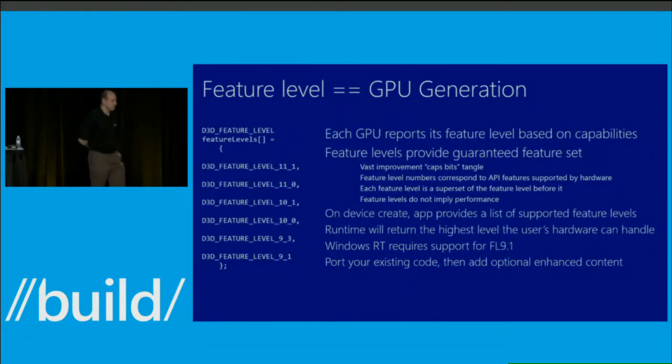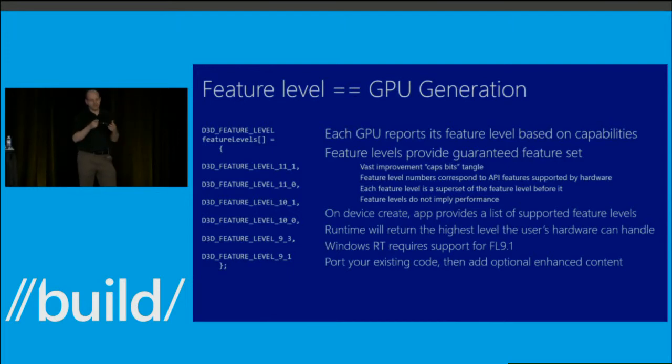So now I'm going to talk a little bit about the notion of feature level. I mentioned this earlier on and talked a little bit about it. But basically, the problem that we were trying to solve with this is this giant tangled mess of caps bits that you had to deal with in the past. And the way that we've solved that is every piece of hardware has a particular feature level that is determined by what features that hardware supports.